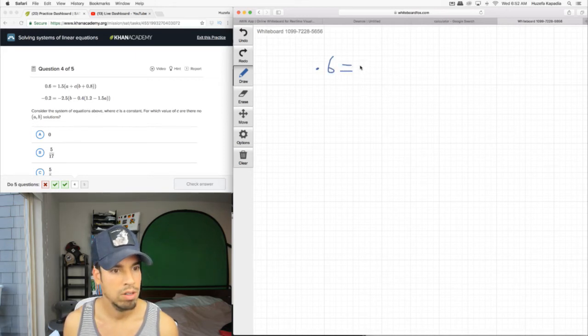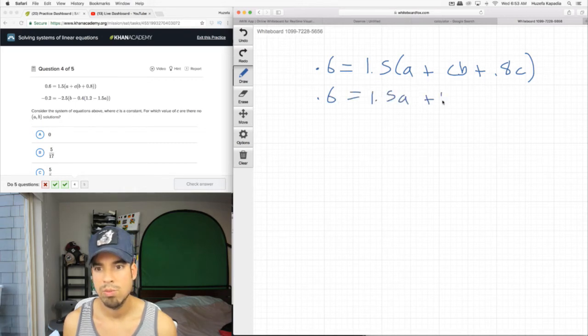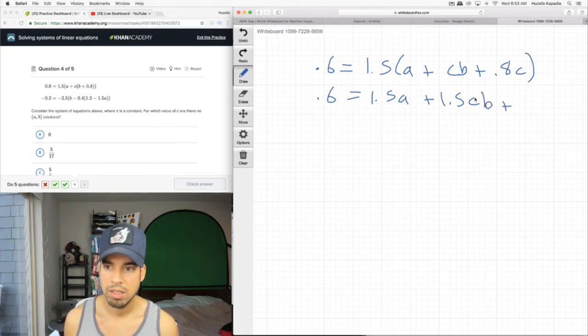Okay, so let's go ahead and plus. I'm going to distribute that c right off the bat. Plus 0.8c. And then we're going to get 0.6 equals 1.5a plus 1.5cb plus... you could use a calculator apparently, but I don't think it's going to help much on this one. 8 times 1.5 is... 8 and 4 is 12.